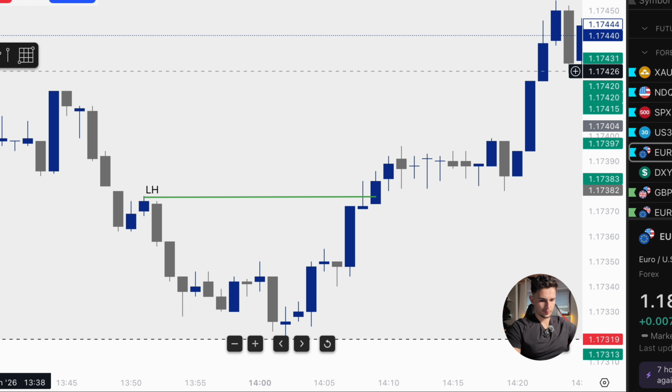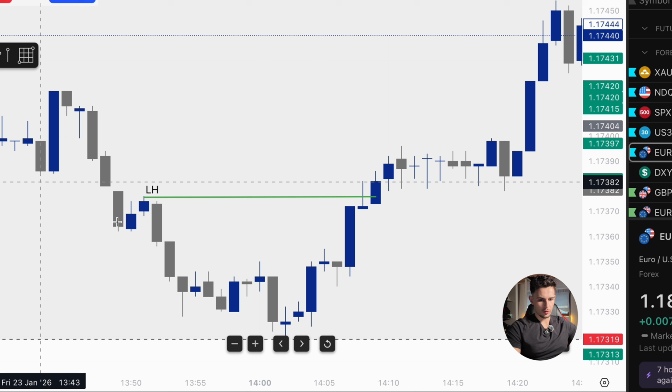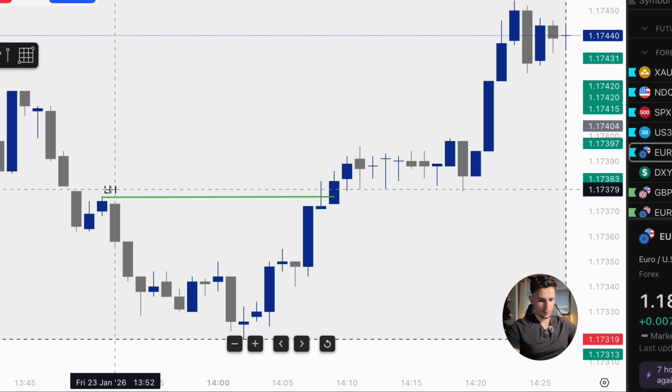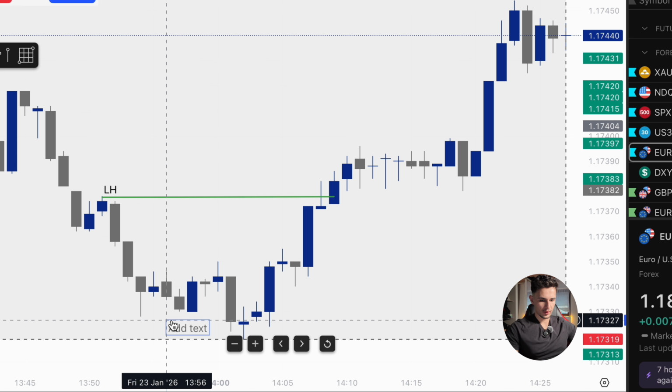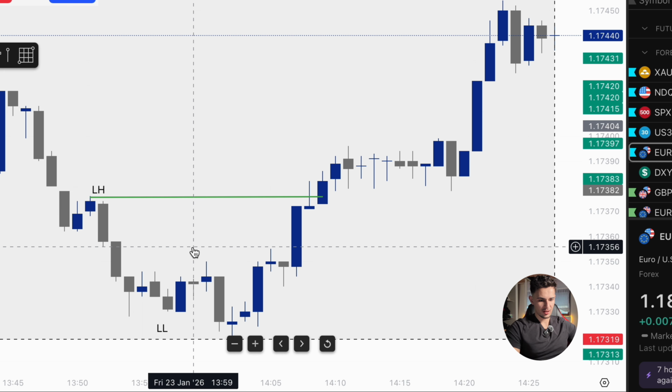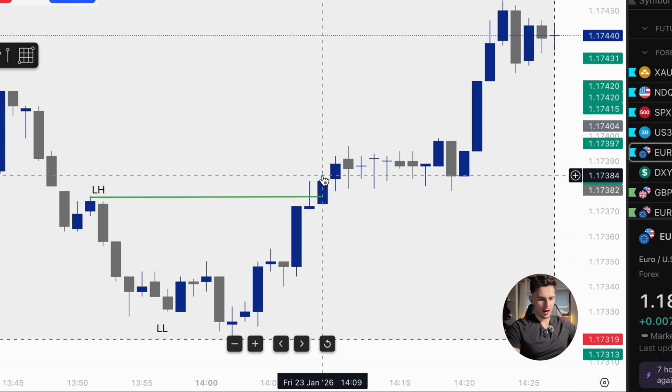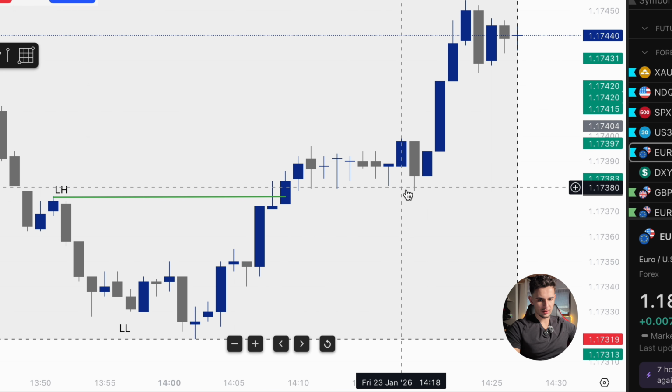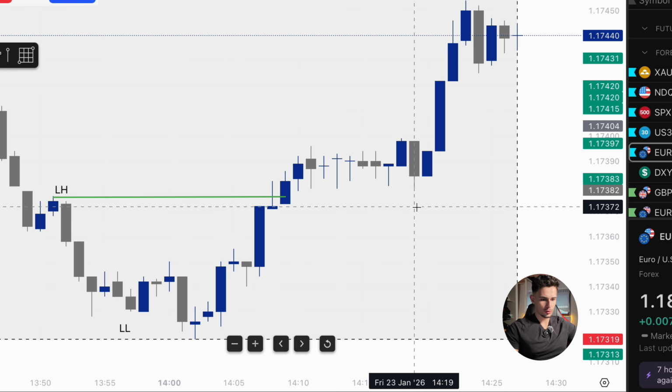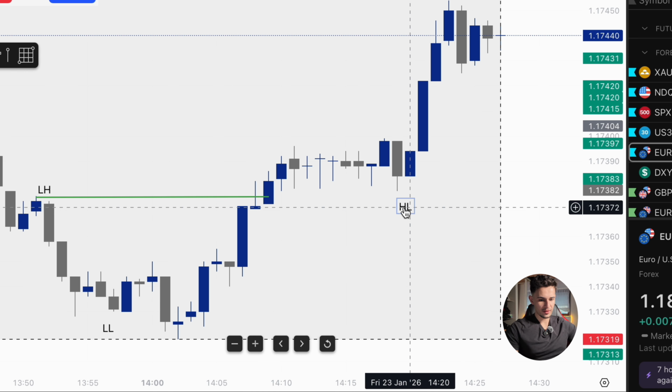Alright, guys, as you can see, we had our last lower high, we had our lower low, and then price broke above the last lower high, retracing a little bit, creating our new higher low, because this low is higher than this low.